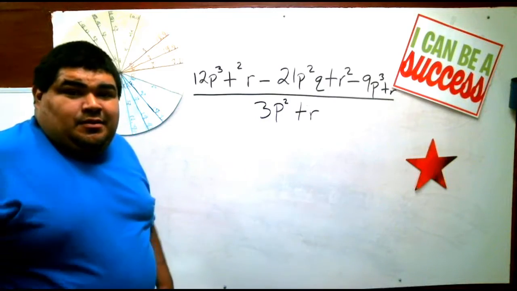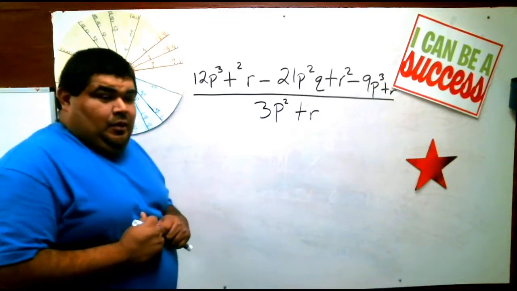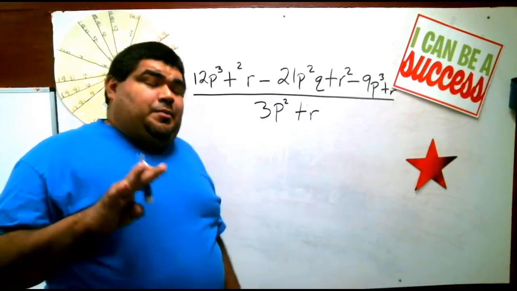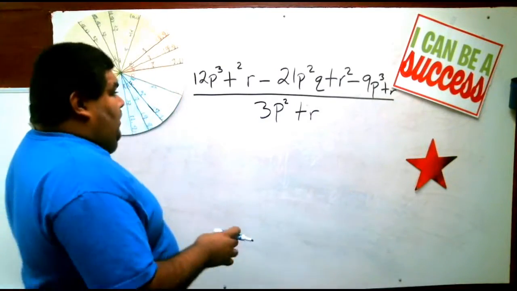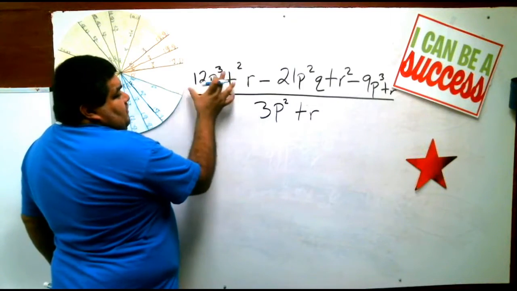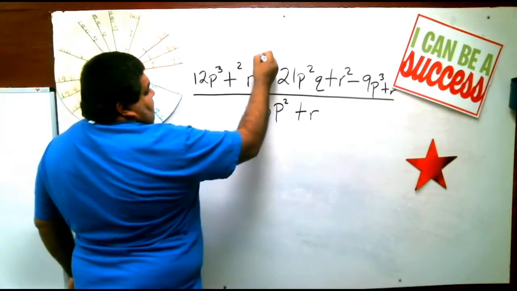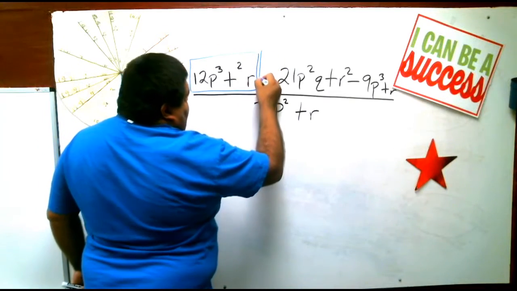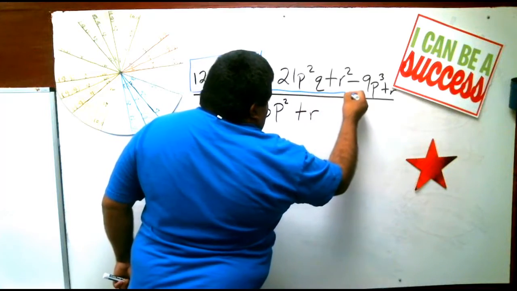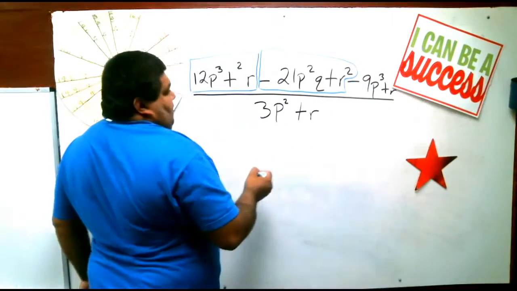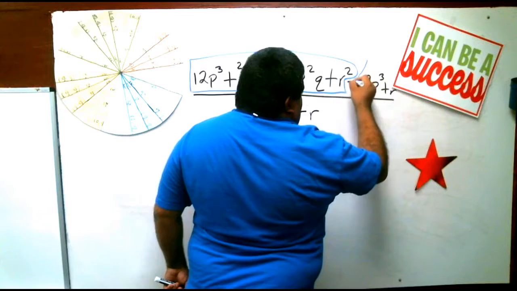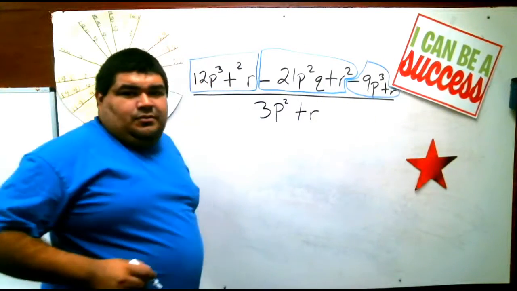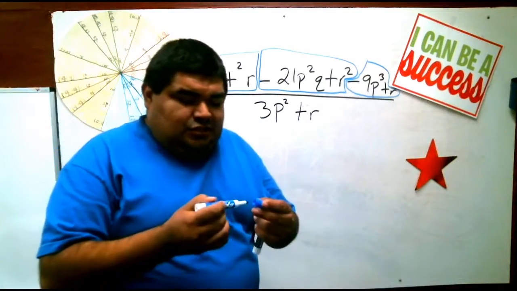Once you write it down, we're going to break it down into 3 pieces, because we're going to get each one of these sections. Notice that there is one section, and then the negative, another section, and then we have our negative 9 and the r as the third section. So we have 3 different sections.